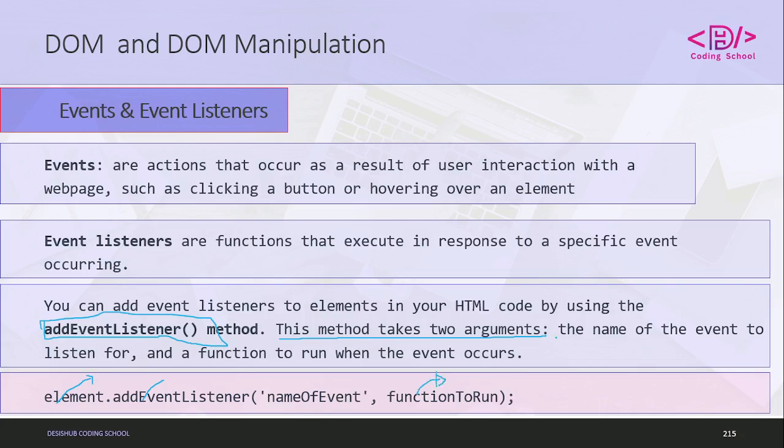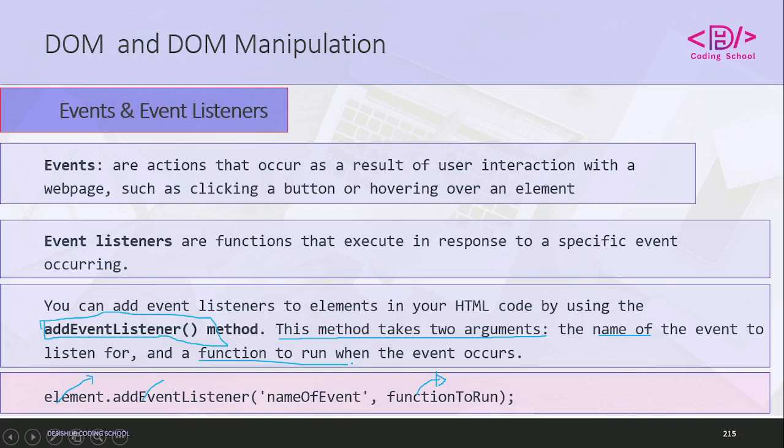So it takes in the name of the event, and it also takes in a function to run when that event occurs. For instance, there is a button, and what happens when this button is clicked? Run a function x if this thing happens.